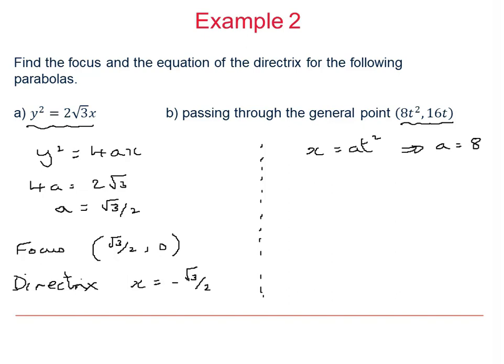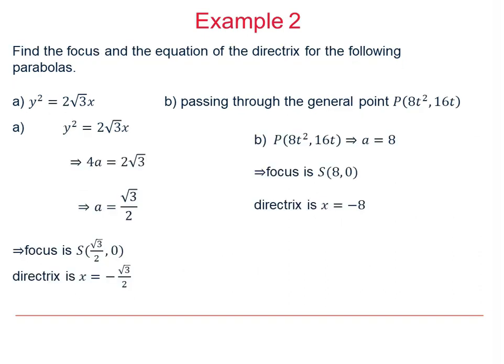And so the focus is at (8, 0), and the directrix is at x is equal to negative 8. And there we are with those two things written out nice and straightforwardly, so you can refer to it later.